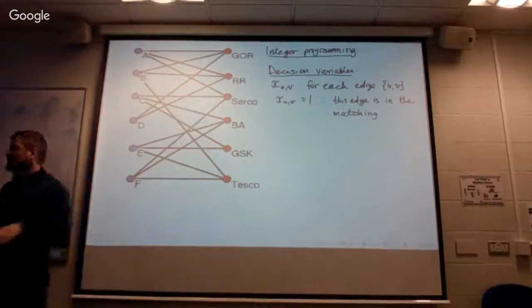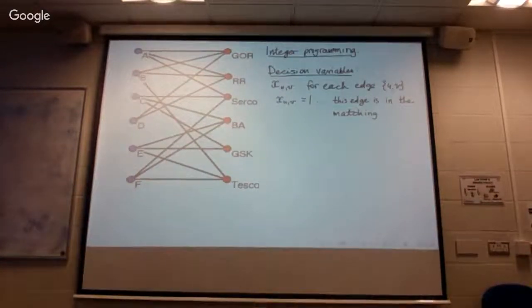That's called the matching, and we're looking for the one which has as many edges as possible, a largest possible one, which is called a maximum matching. We're doing it by having this binary variable which will indicate for each edge of the graph whether it's in the matching or not in the final solution.